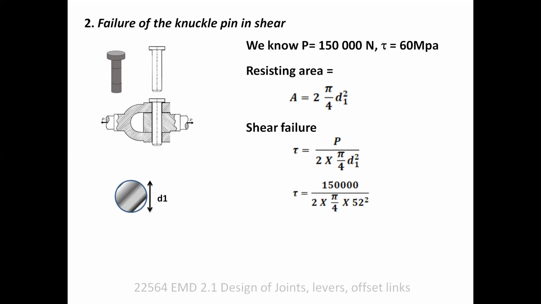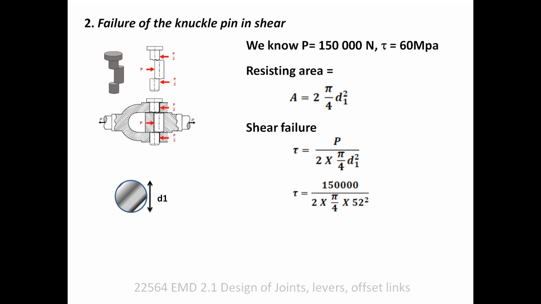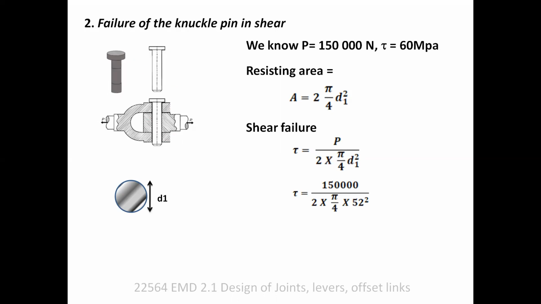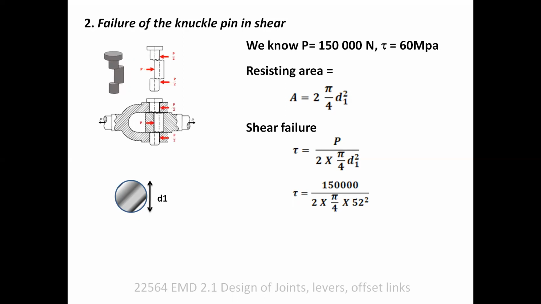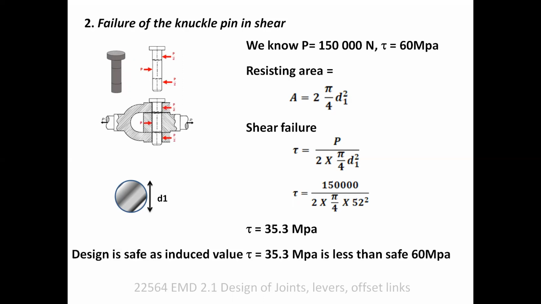and try to find the shear stress. From the known values, the force is 150 kilonewton, which is 150,000, and 52 is the standard value that we just found from the standard relationship. So we get tau, which comes out to 35.3 megapascal.